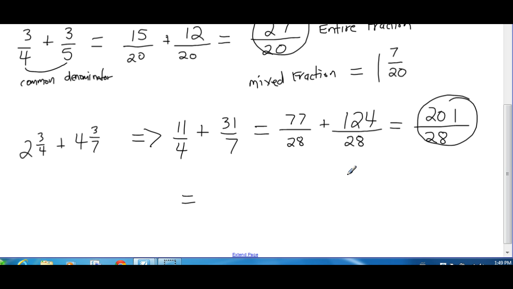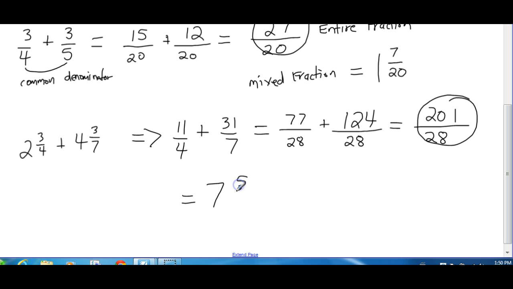201 divided by 28 equals, well, it goes in 7 times with a little bit of remainder. So 7 times 28 equals 196. And 196 is how many numbers away from 201? Well, it's 5. That basically means that 28 goes into 201 7 times with 5 remainder.